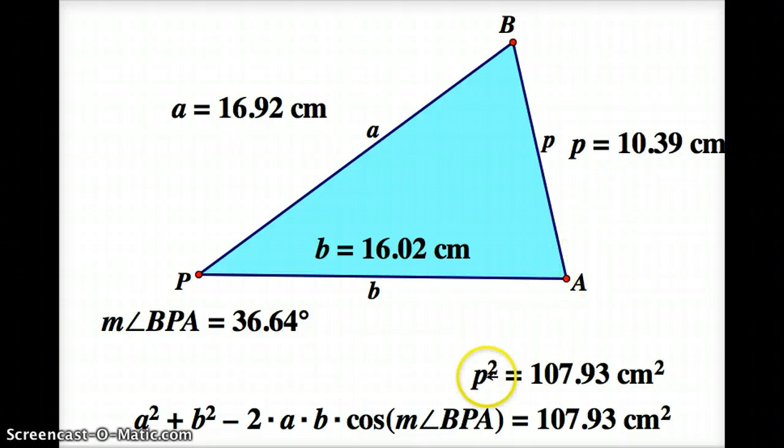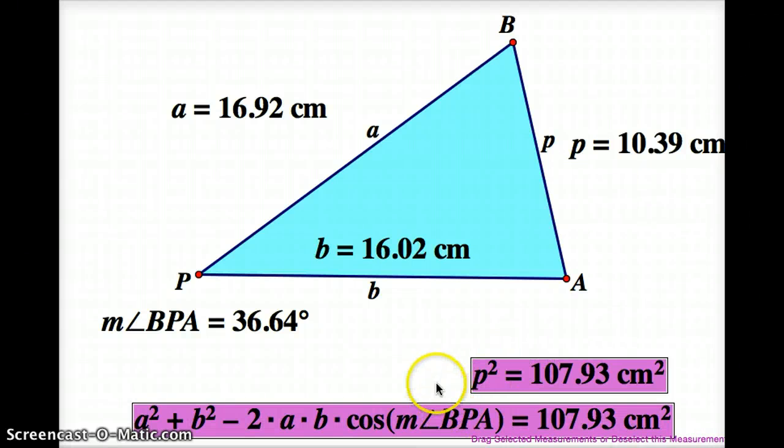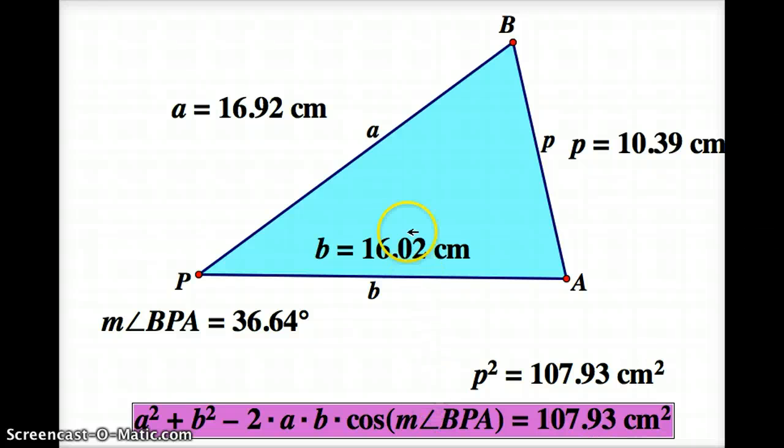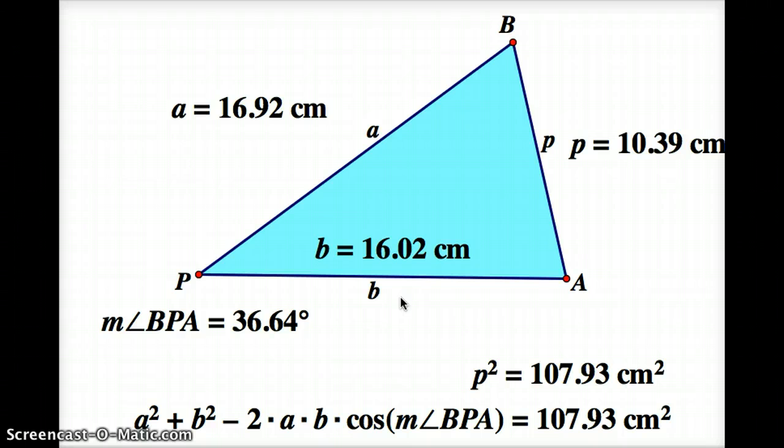In the first case, I have P squared, that is this side squared, and on the other expression I have A squared plus B squared, and then I subtract twice their product, twice A times B, times the cosine of this angle.